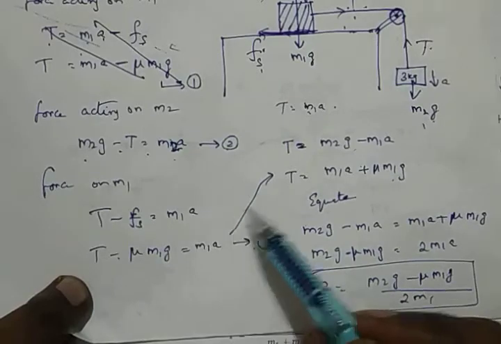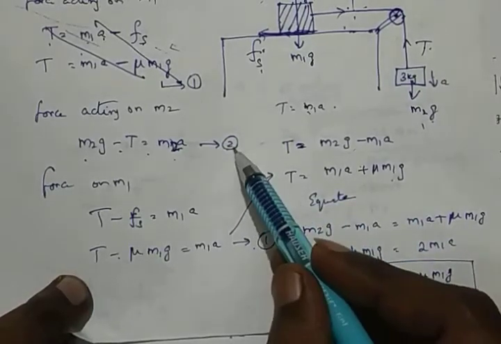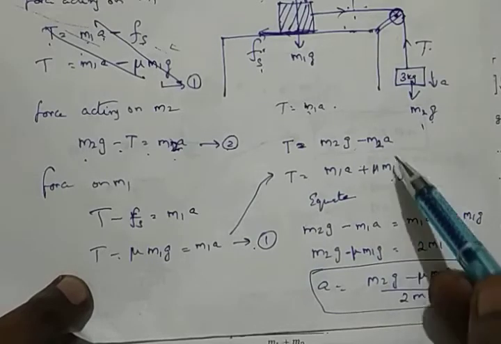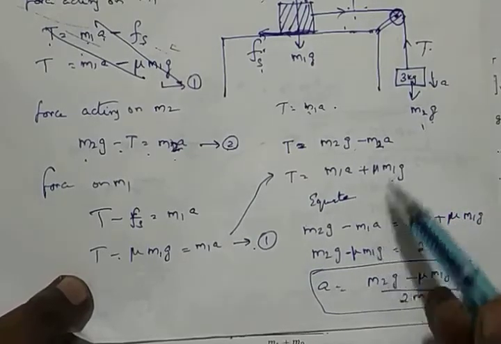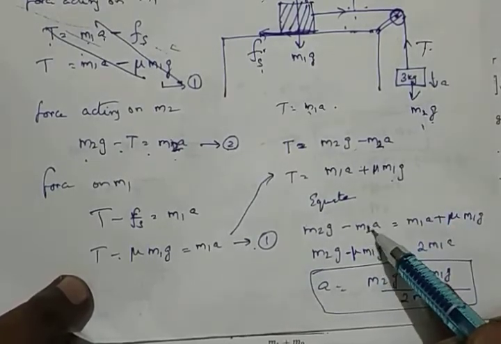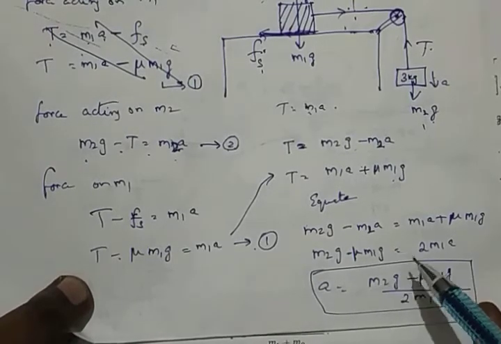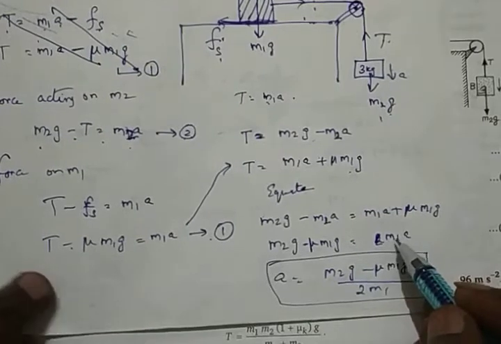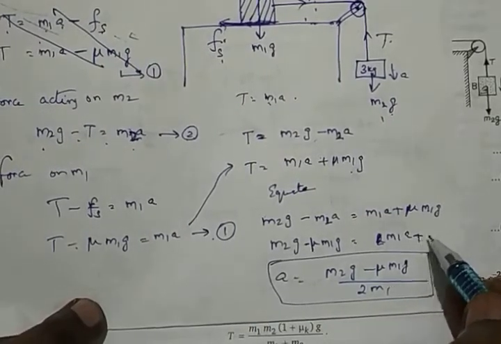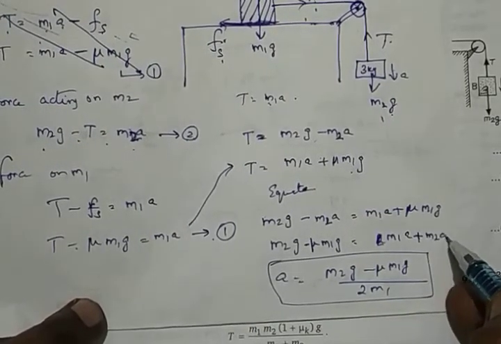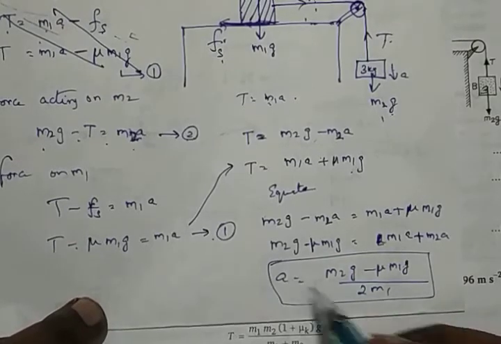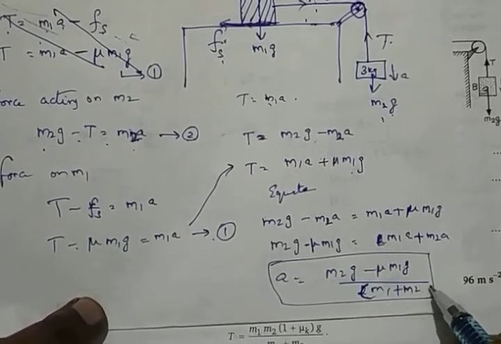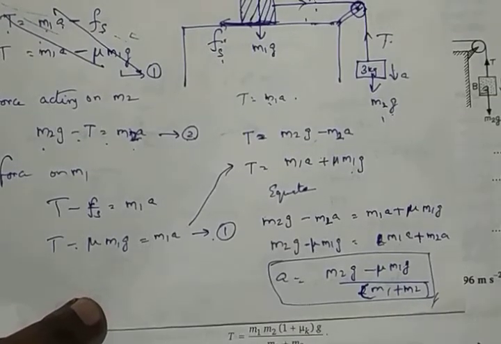So equation 2 has been written as m2 into a, right? And this is equated here. When this goes to the other side, it is m1 into a plus m2 into a. So when acceleration is out, it will become m1 plus m2.